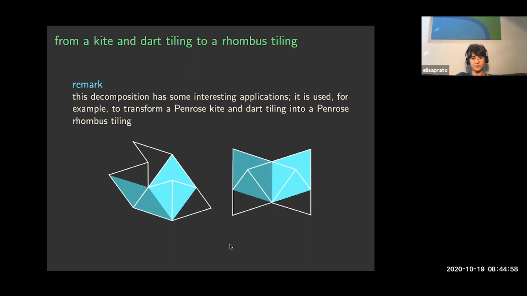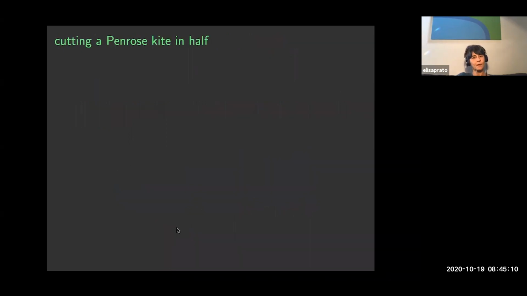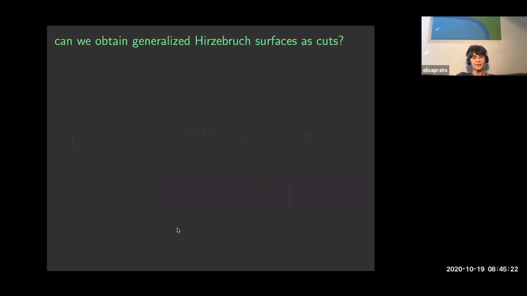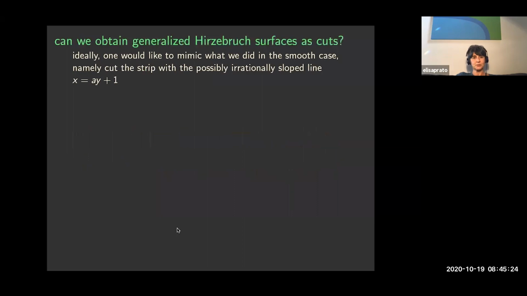The kites are divided in two and recomposed in these two possible ways to form Penrose rhombuses. So when we cut the quasifold corresponding to the kite, this is what we get with our generalized cut procedure.